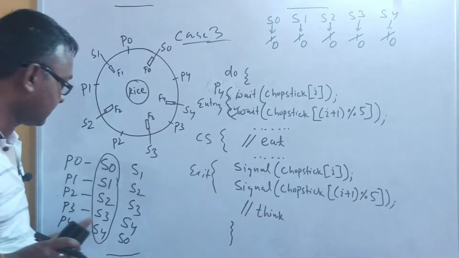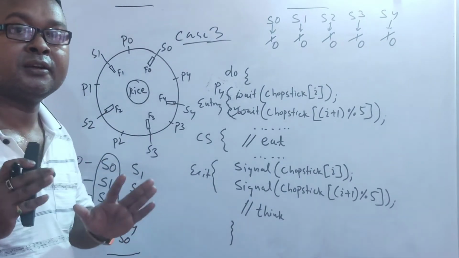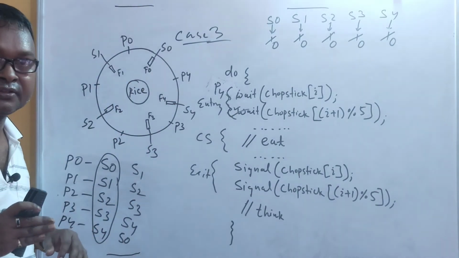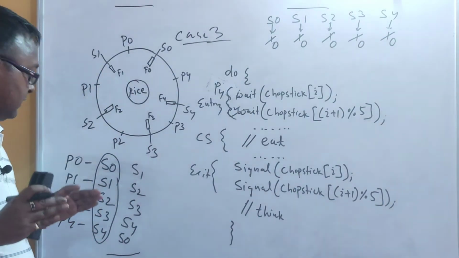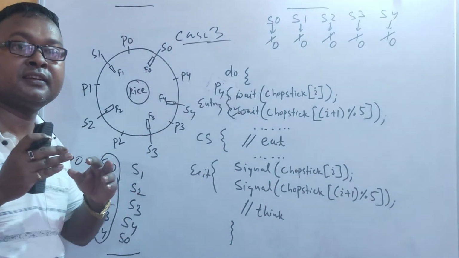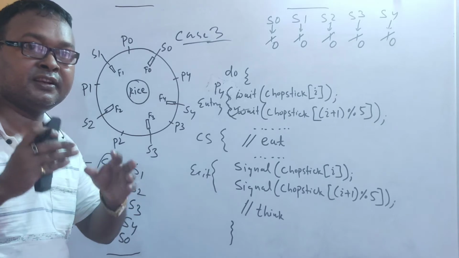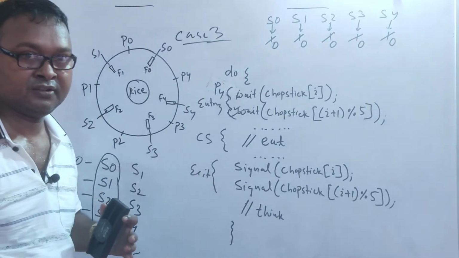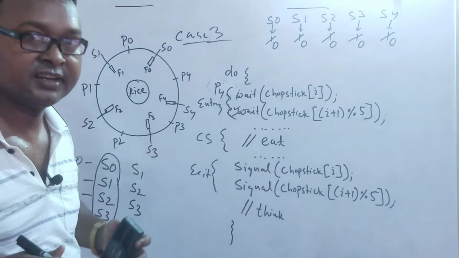That means all the processes will be getting blocked and they will not be able to access the resource. So it seems that all the processes are dead. Dead means dead due to lock. Now we call it a deadlock.